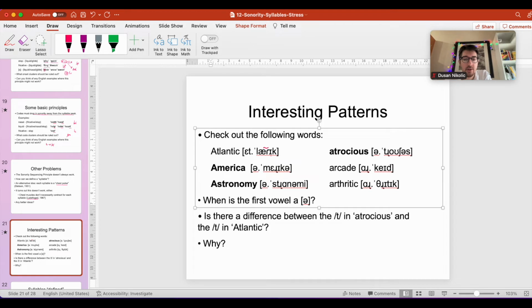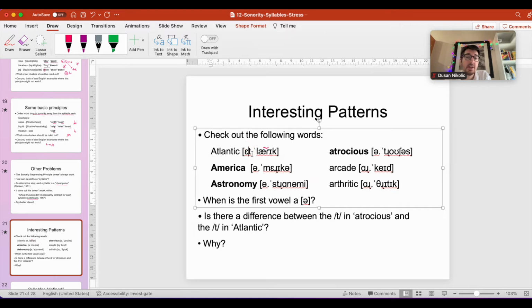So without the notion of a syllable, we wouldn't be able to say, well, that's what happens, right? Why is T on this side? Why is it not stressed?